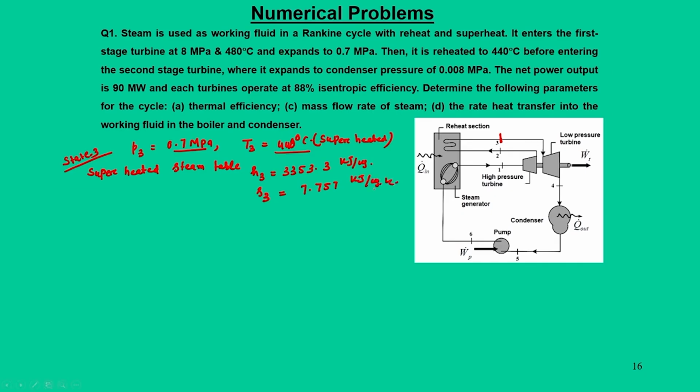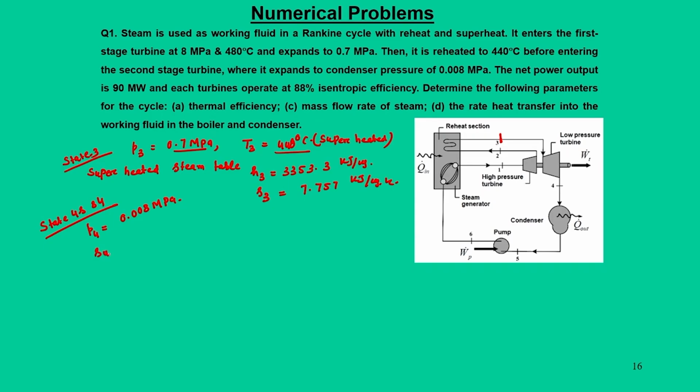You have to repeat the same process for states 4s and 4, because those are expansion processes. P4 we already know is the condenser pressure, 0.008 megapascal.